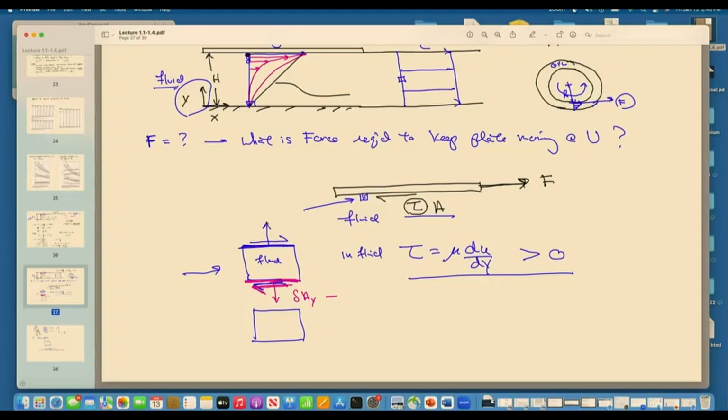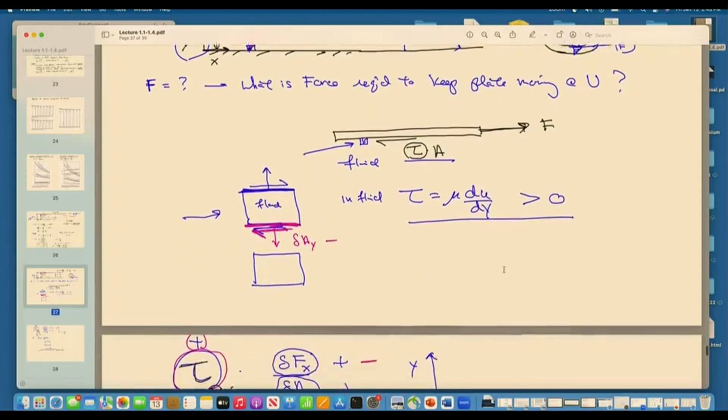Now let's do the same analysis that we did on the lower surface, the surface of this small fluid element that is in contact with the plate. So we're looking now at this area, and the outward normal now is in the negative y direction, okay? But the shear stress throughout the fluid is positive because of this.